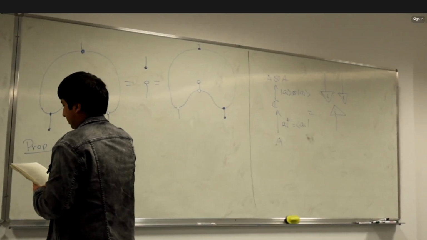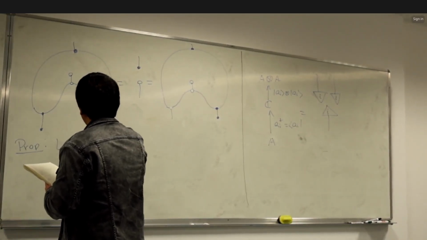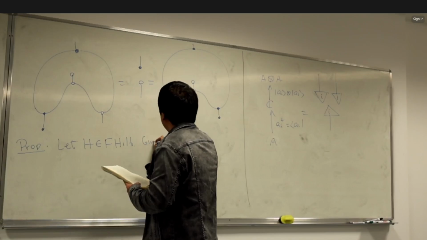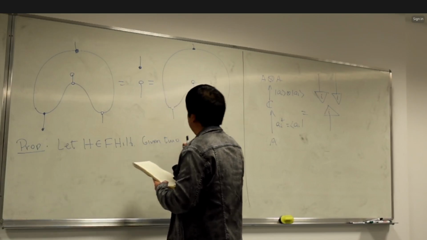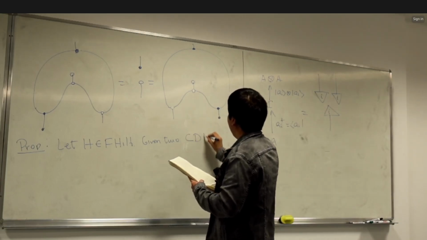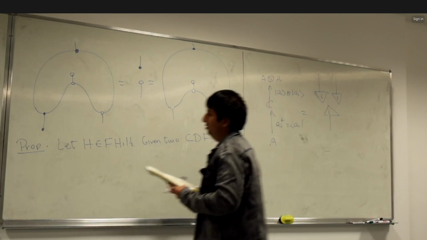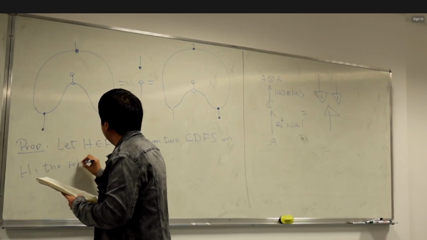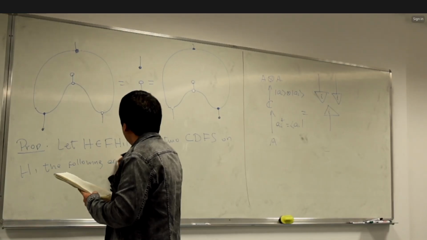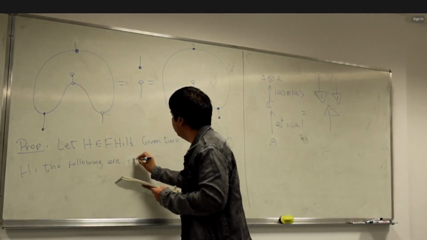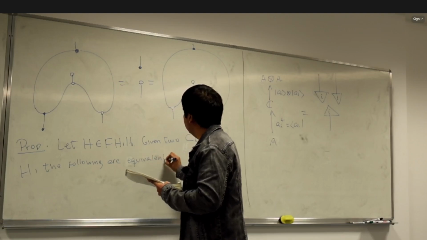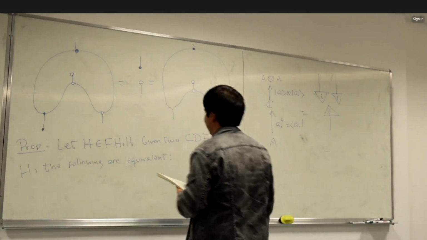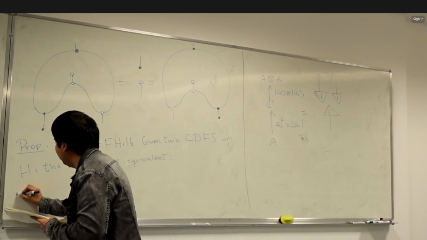Okay. Again, let H be an object in FHilb given two commutative dagger Frobenius structures on H. The following situation, let's say.